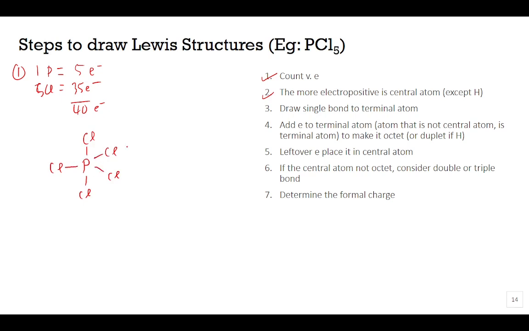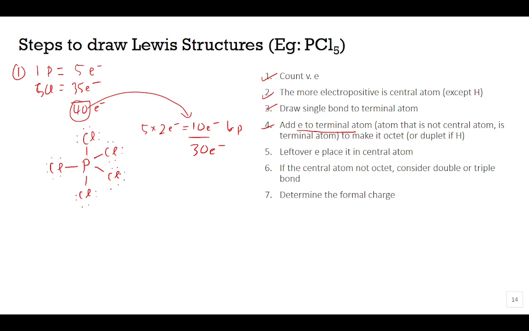So there are 5 single bonds. So 5 times 2 electrons, equal to 10 electrons from the bonding pairs. What's left for you is 40 minus 10, so you have 30 more electrons to spread on the terminal atoms.